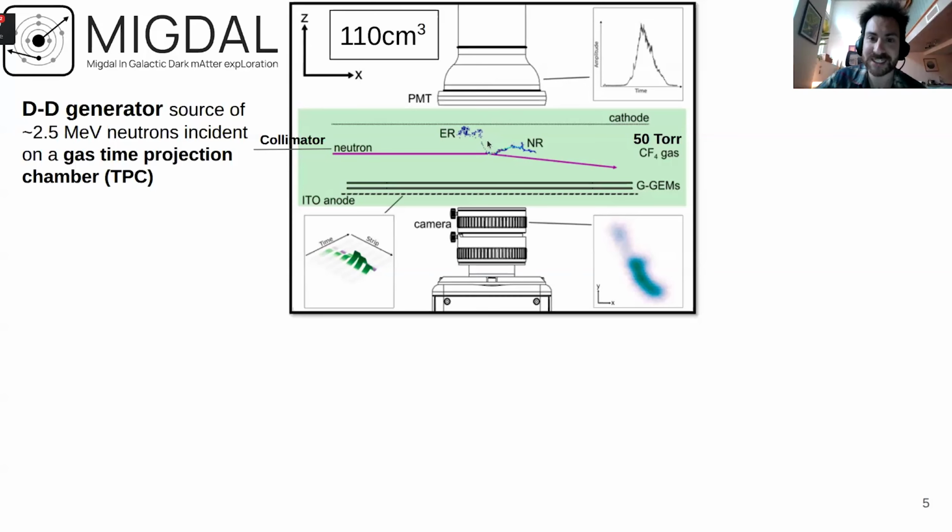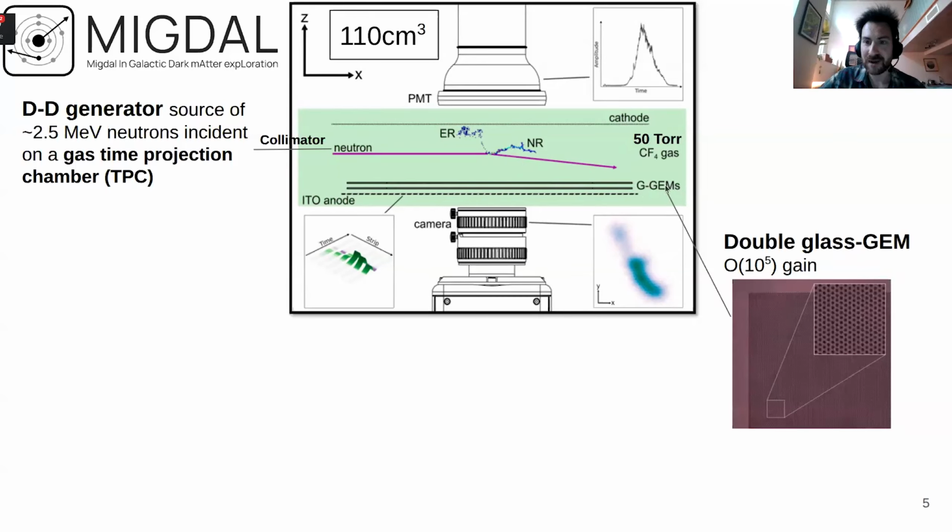The way that we actually detect it is that we don't detect the primary ionization that's created here. What we do is we drift it against an electric field. In this picture, it drifts downward. Then we amplify this signal using a micropattern gas detector. These are glass gas electron multipliers that amplify this signal by about a factor of 100,000. Then we image that signal with two complementary readouts.